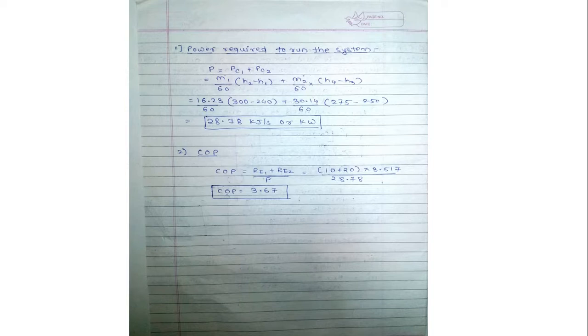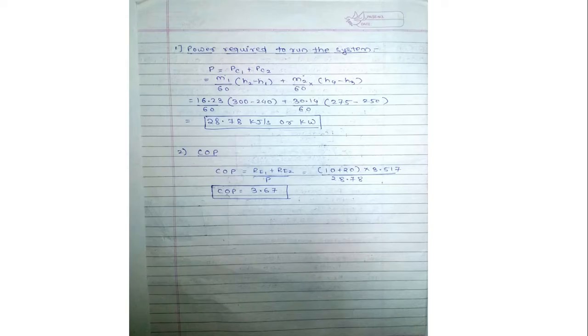For compressor 1, between H1 and H2, the formula is m1 dot upon 60 into H2 minus H1, and compressor 2 runs between H3 and H4, so the power is m2 dot upon 60 into H4 minus H3. By putting in the values, we get a power of 28.78 kilojoules per second, or kilowatt.